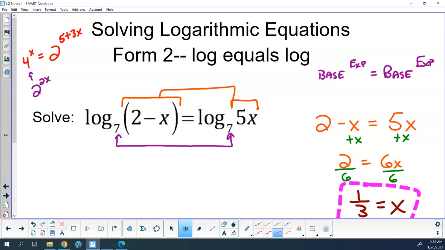In this case, we just ignore the log, because those parts cancel each other out because they're the same on both sides. We can always do this, provided the bases are the same. If they're not, then you can't do it.